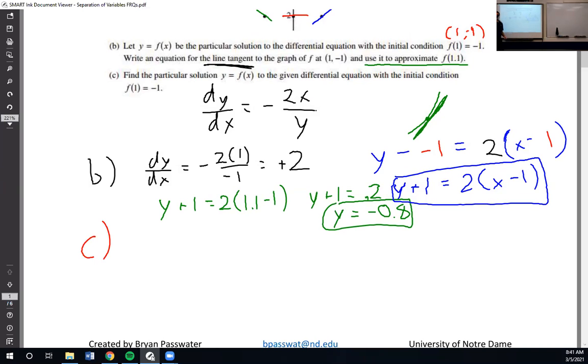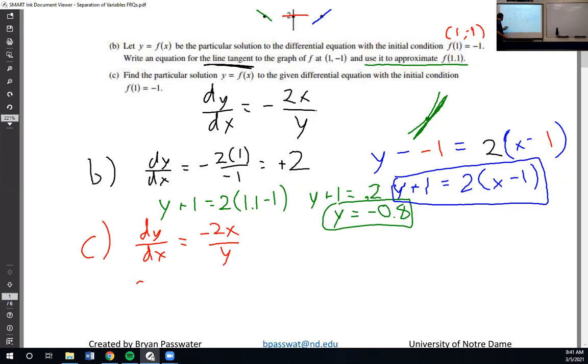Now for part C, here comes our separation of variables. Here comes the process that we've been doing over the last couple days. dy dx equals negative 2x over y. First thing we do in separation of variables is separate the variables.